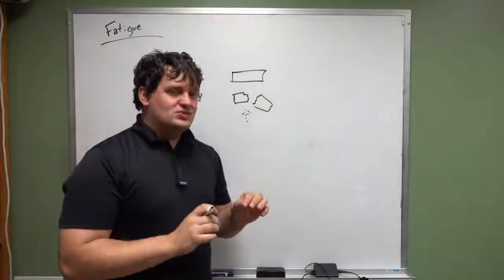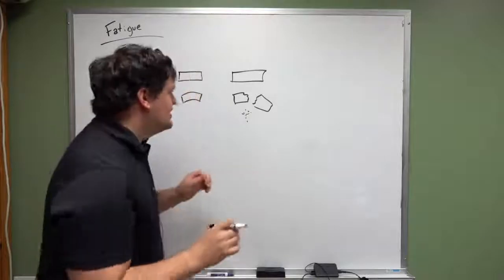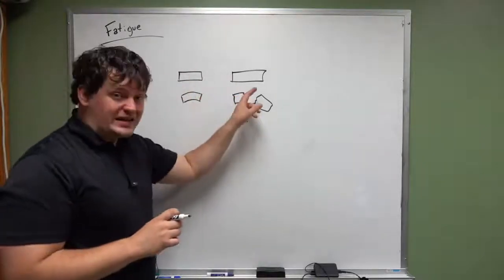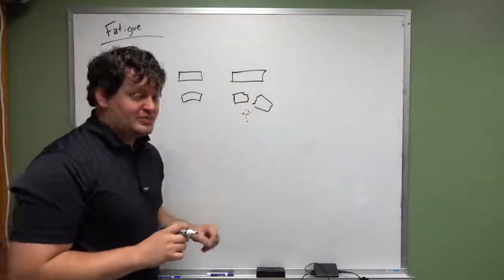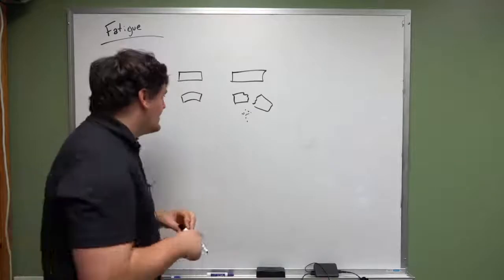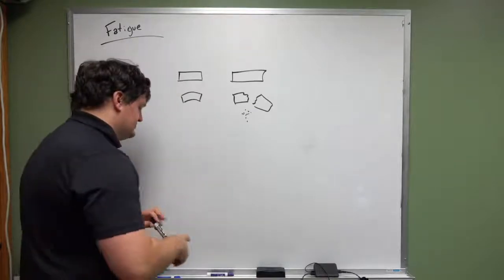Now, this week, what we're going to be discussing is what happens when we don't get anywhere near the failure limit and we still manage to fail. Okay? And this is ultimately what fatigue is.